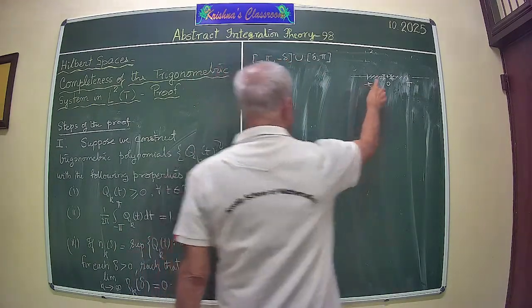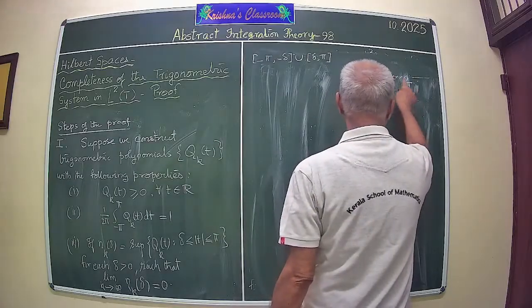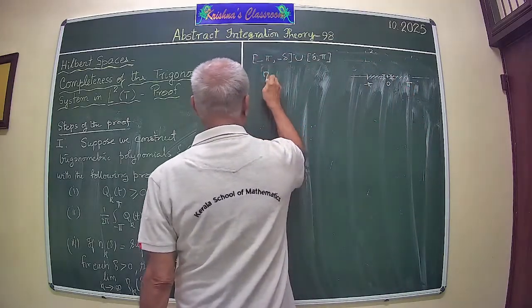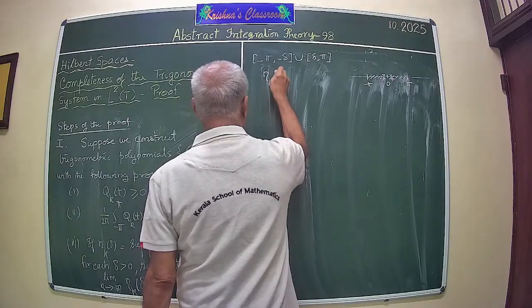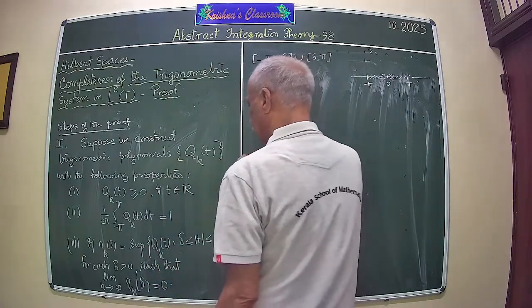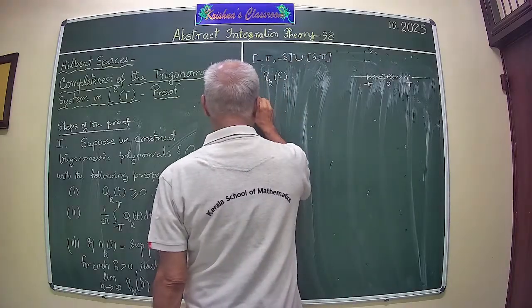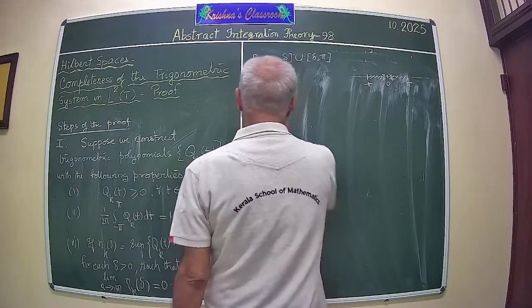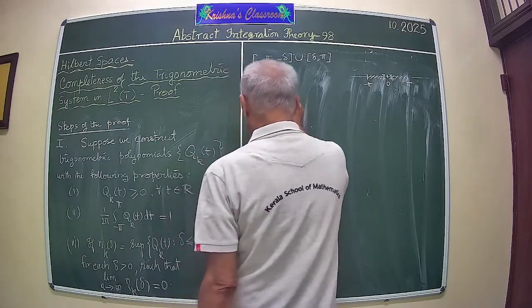So on each of these intervals, you have a number eta k delta, taken as the supremum of Qk(t).